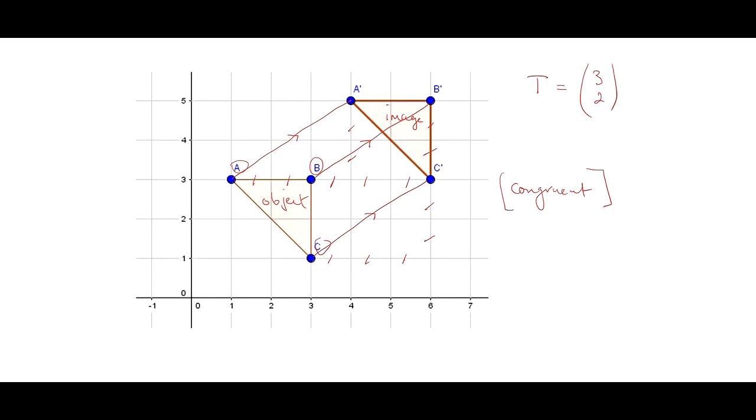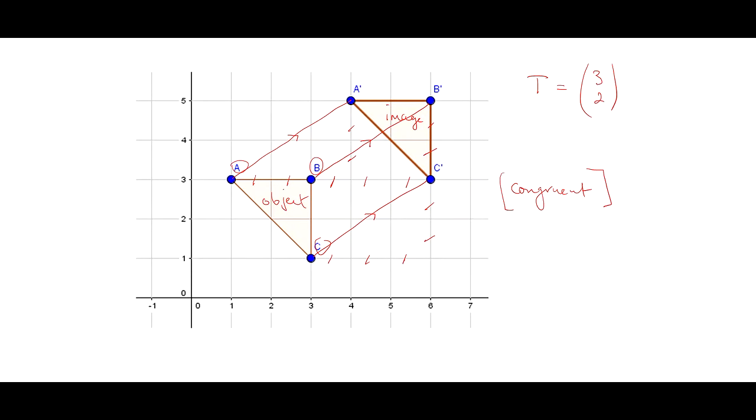Now, if you notice, the lines joining A prime, B prime, and C prime are all parallel, meaning that each point on the triangle is translated using the same column vector, which is 3, 2 in this case. In a typical examination question, they will give you a diagram with the object and the image and ask you to describe the transformation as fully as you can.